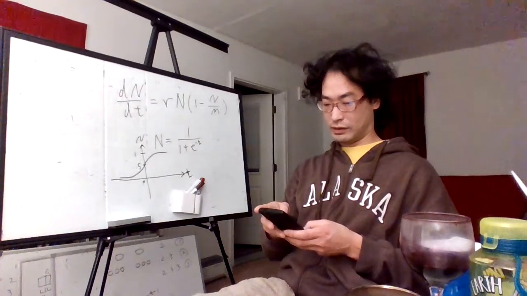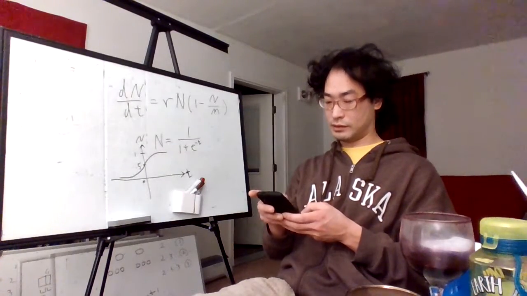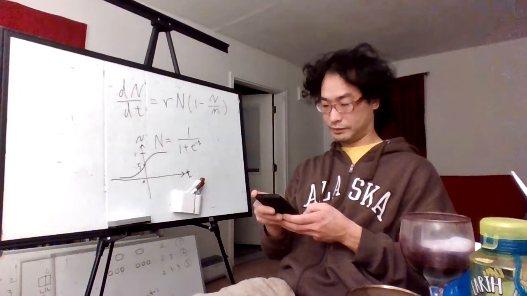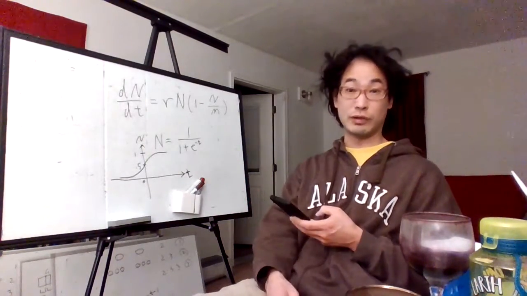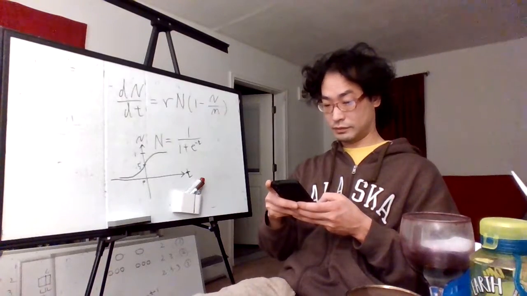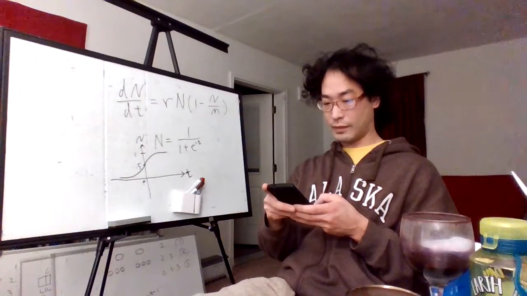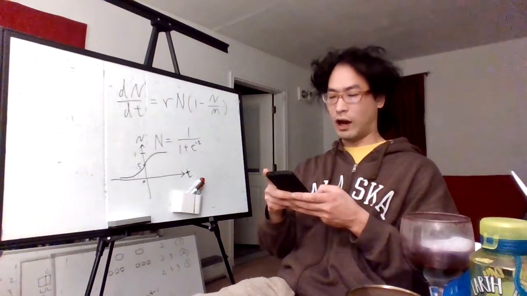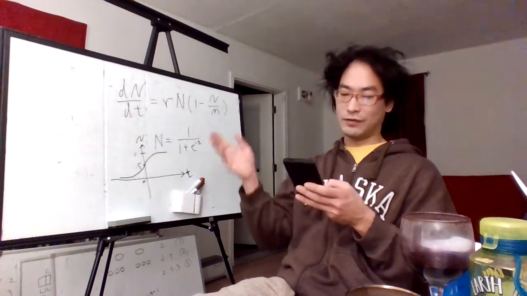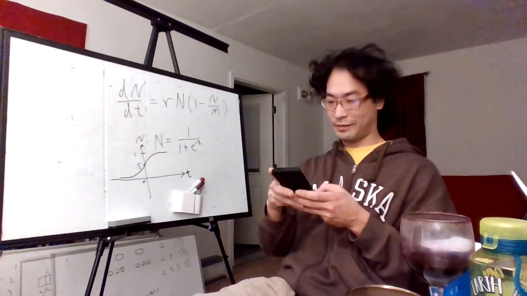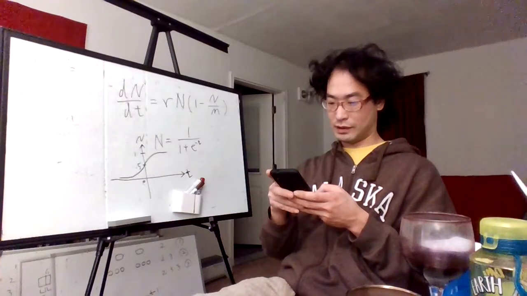Not very well known, but there's a Wikipedia article about him, and his name is also mentioned in the calculus book as well. Pierre François Verhulst. So he's kind of French, German, French mathematician, Dutch, whatever.